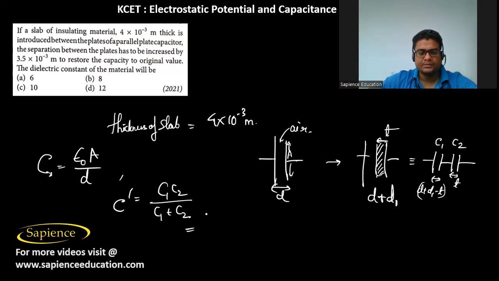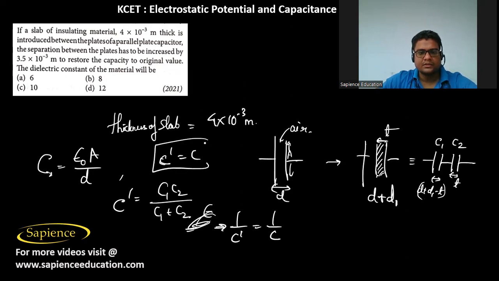Therefore the new capacitance will be C dash. From here we can say 1 by C dash. The capacitance should remain the same, that is what is being told. So 1 by C dash will be equal to 1 by C, since C dash should be equal to C. Here it is given that the new value of capacitance should be equal to the previous value. So 1 by C dash will be 1 by C1 plus 1 by C2, that should be equal to 1 by C.